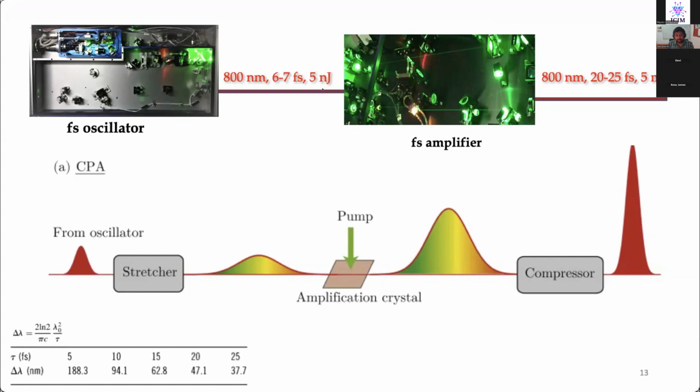With this technique, 5 nanojoules can be amplified to something like 5 millijoules. So you get a 10 to the power 6 gain, from nanojoule to millijoule. That kind of gain is possible, and you then have an amplified femtosecond pulse, which could be utilized for different processes.